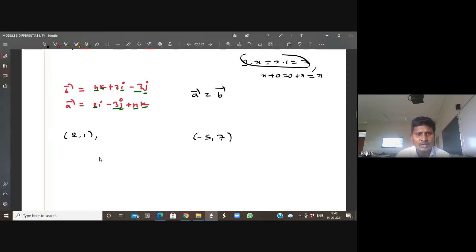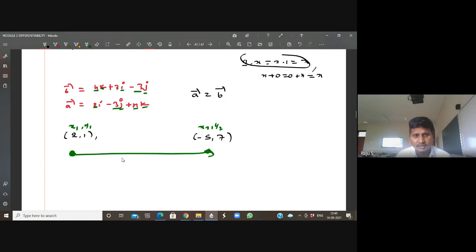I'm going to take a vector whose initial point is 2 comma 1 and terminal point is minus 5 comma 7. To find the scalar component and the vector component, the first point I compare with x1, y1, and this is x2 comma y2.